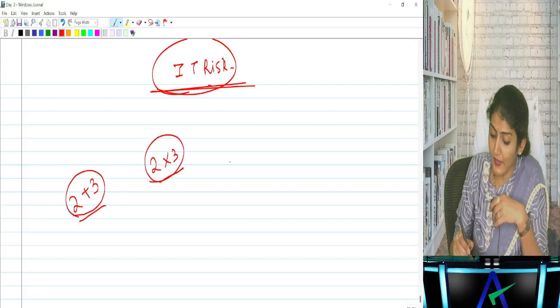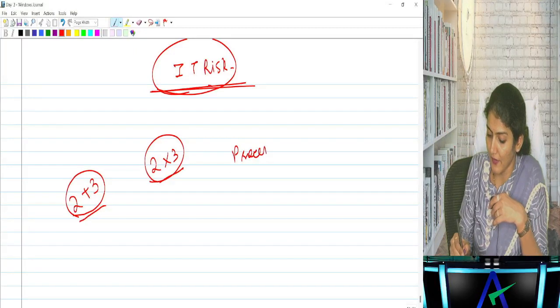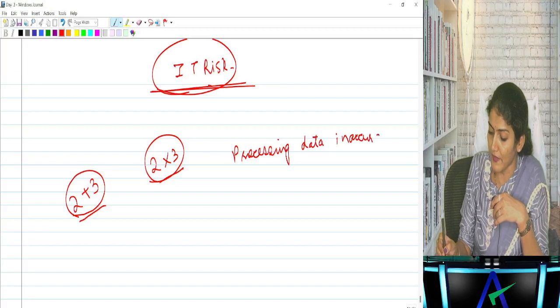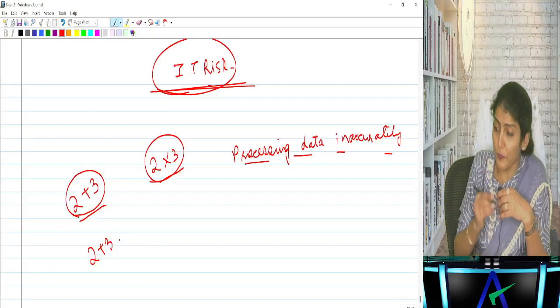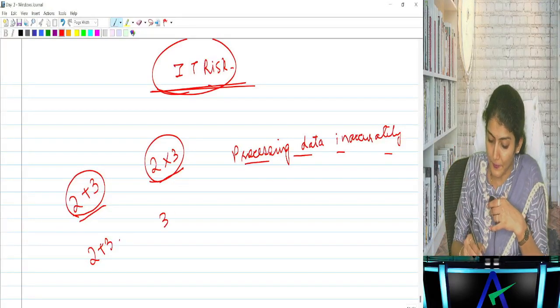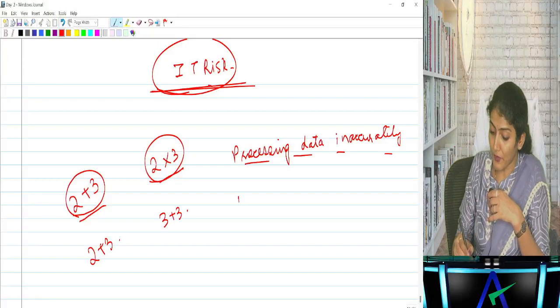So obviously, what is this? Processing data inaccurately. Is it right? You entered 2 plus 3, but some program in your system is wrong. That is why it thought it was 2 into 3. So, processing data inaccurately. Or what happened? You wanted to enter 2 plus 3, but by mistake you typed 3 plus 3. So now what will happen?